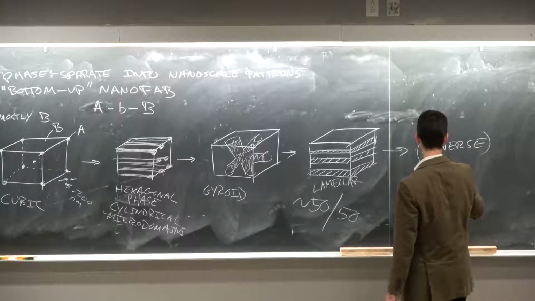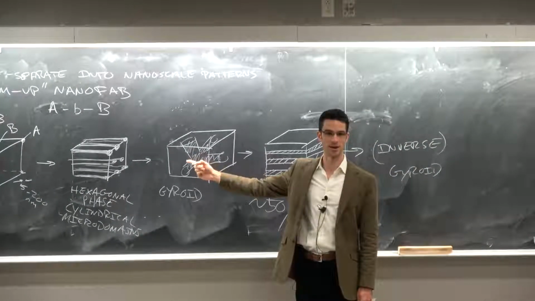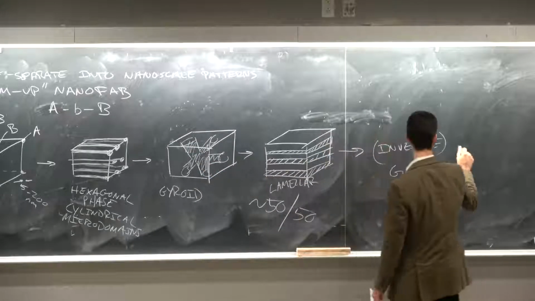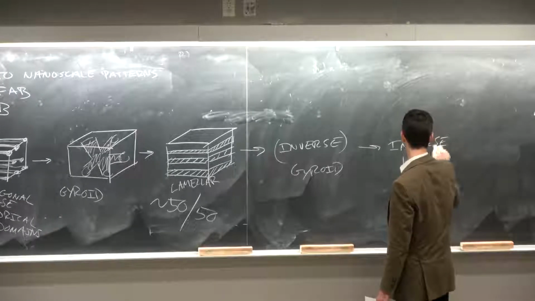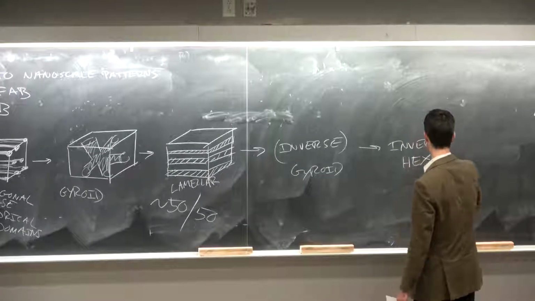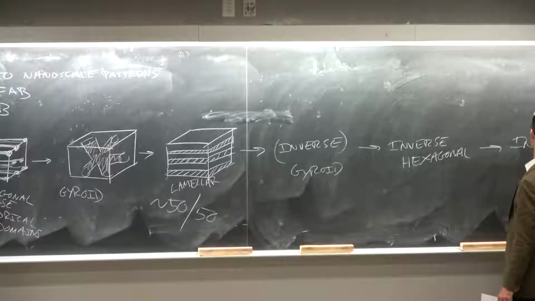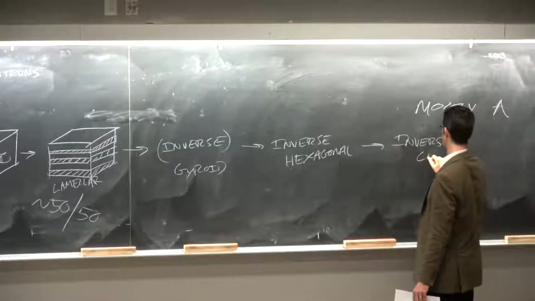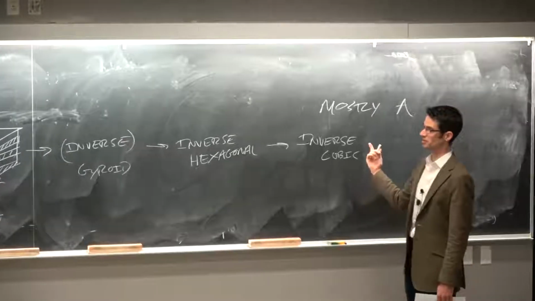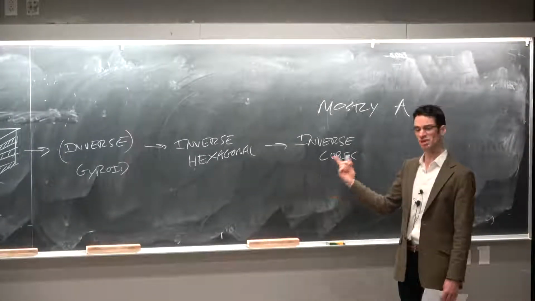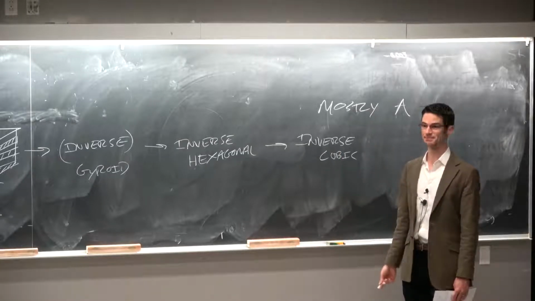So we get the inverse gyroid, where the filled and the empty parts are now reversed. Inverse hexagonal. Inverse cubic. Now, could I have started with mostly A and added B? I could have done that. In that case, I would have written them all backwards.